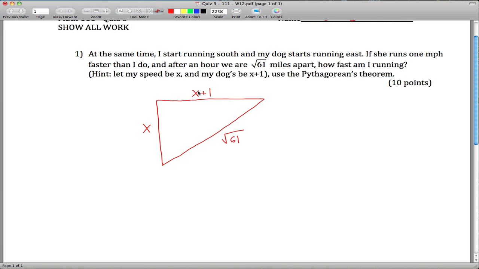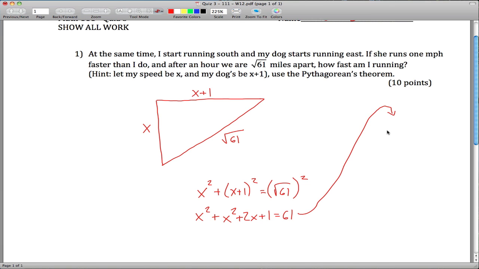So we know this squared plus this squared equals this squared. So x squared plus (x plus 1) squared equals the square root of 61 squared. Let's see, (x plus 1) squared is x squared plus 2x plus 1. The square root of 61 squared is 61.